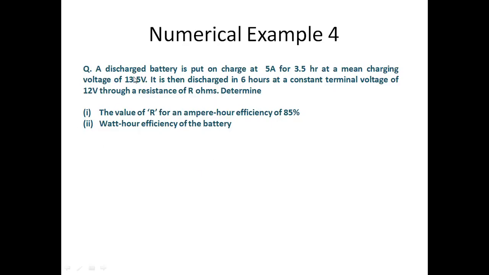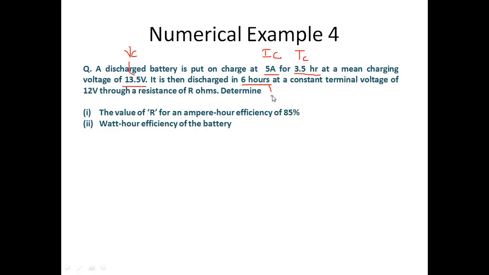The question states a discharged battery is put on charge at 5 ampere for 3.5 hours at a mean charge voltage of 13.5 volt. So this is the charging current IC, 5 ampere. The charging time is 3.5 hour and the charging voltage VC is 13.5 volt. The second part of the question is, it is then discharged in 6 hours.